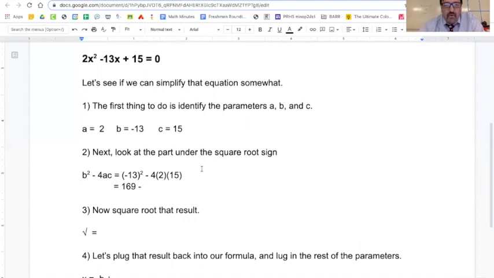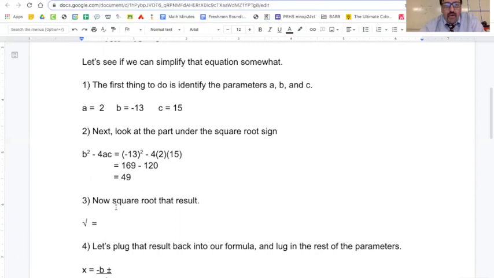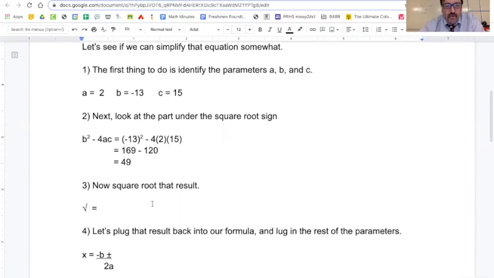Order of operations tells us to do multiplication first here before we do the subtraction. So 2 times 15 is 30, and 4 times 30 is 120. 169 minus 120, that's 49. I like that number because it's a perfect square. A lot of times when you're using the quadratic formula, it's not a perfect square, but in this example it is. You take the square root of 49, and we get 7.